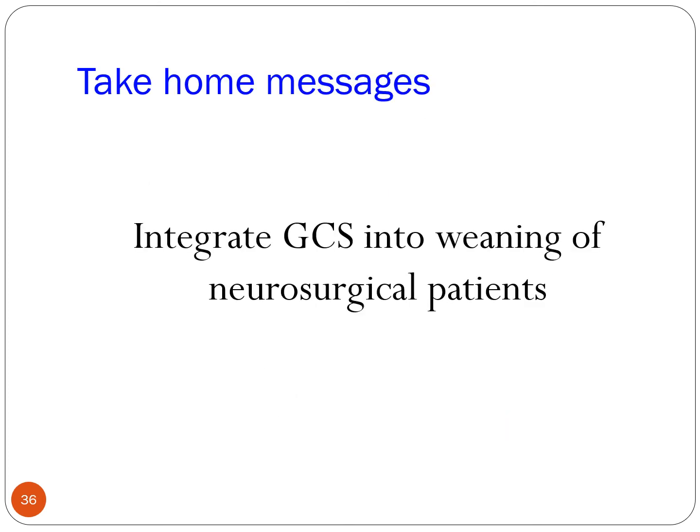So my take-home message in neurosurgical patients when you're weaning them: incorporate the Glasgow Coma Scale into your weaning practice. If you do, you will have a better likelihood of success versus not incorporating it. Also, the attendings and the fellows in the neurosurgical unit will be impressed by your knowledge to incorporate that into the weaning protocols, because we don't really think about that.